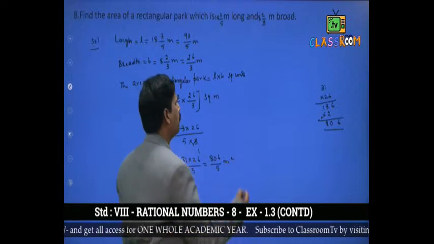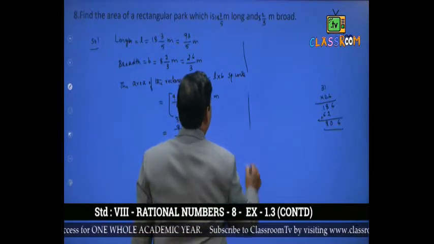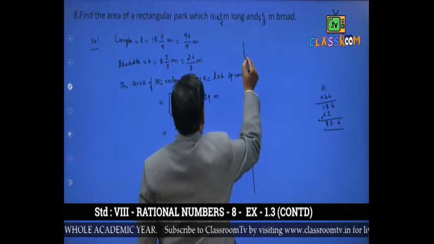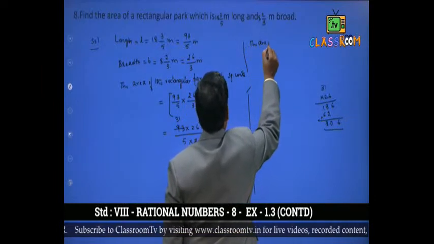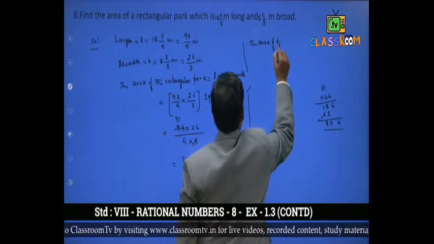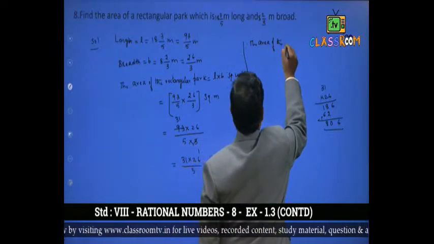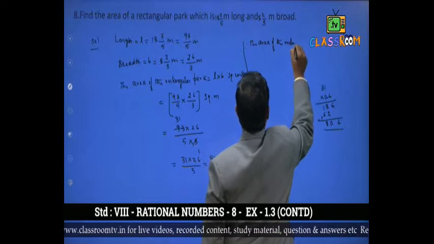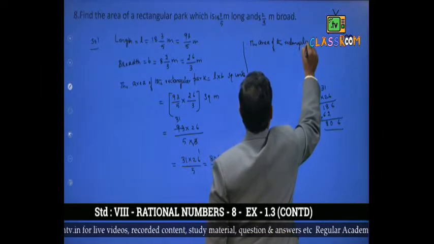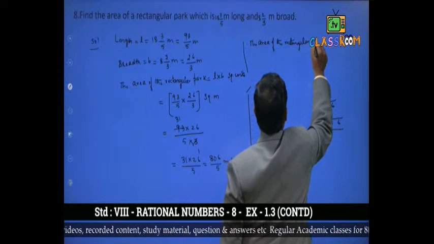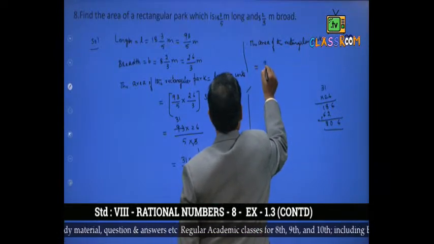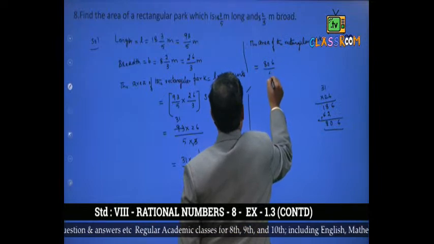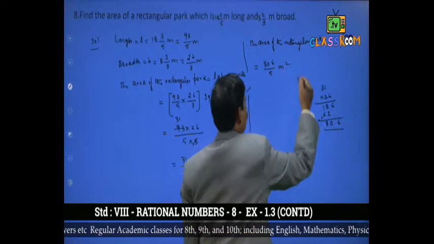Therefore, the area of the rectangular park is equal to, how much did we get? 806 by 5 meters square.